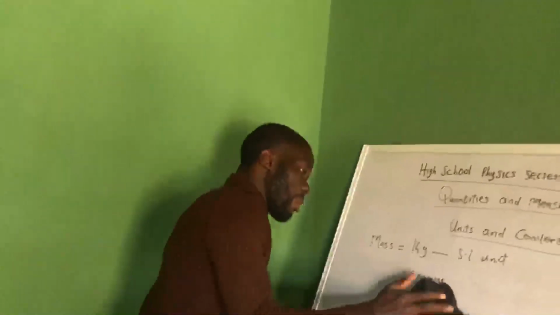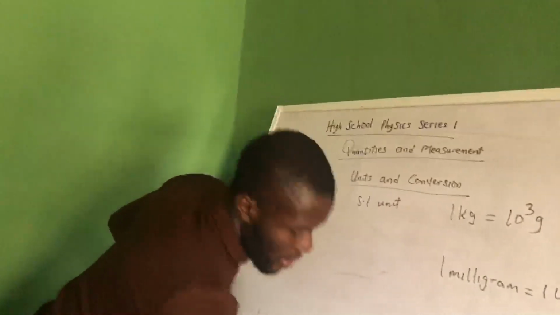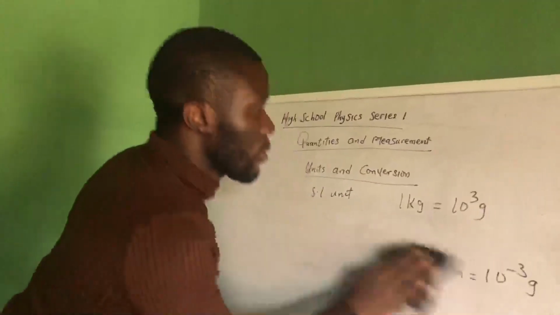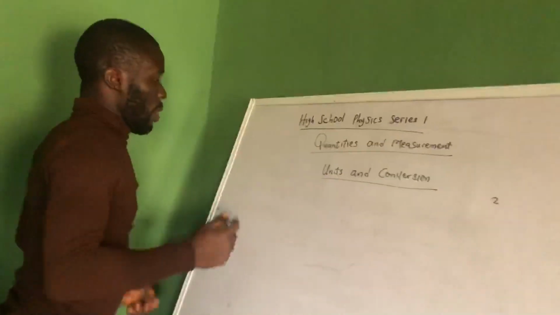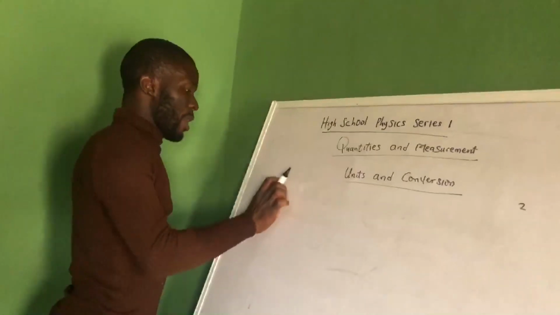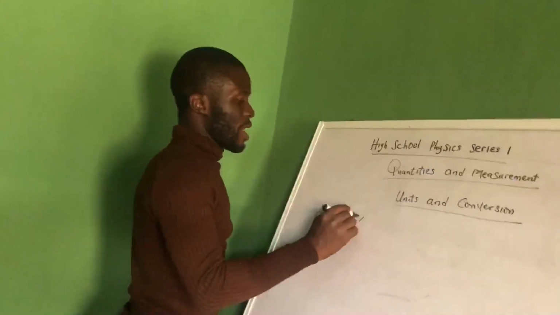Now let's quickly look at volume and area before we finish this part. When we say area, what does area mean? We already know that area is length times breadth.